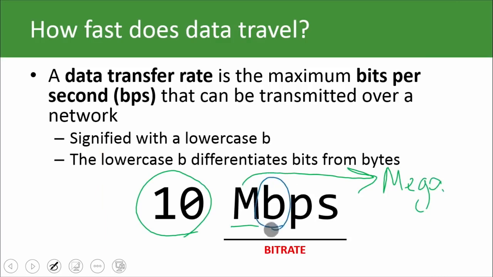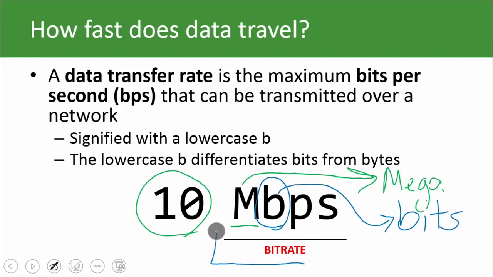This lowercase b is a little bit different from the type of data that we store. It represents bits, not to be confused with a capital B, which would represent bytes. This whole construct down here is called the bit rate, and we use that to measure how fast data transfers over a network.